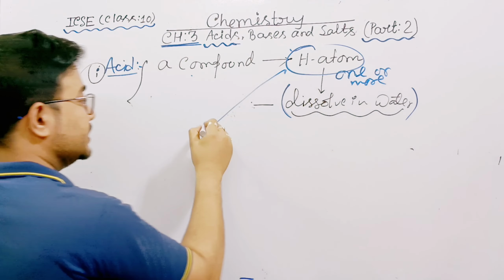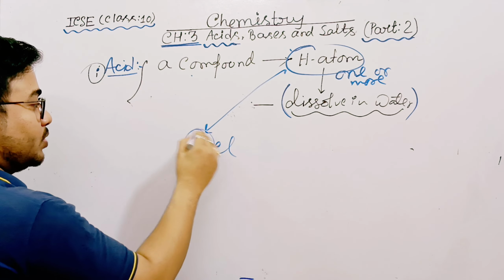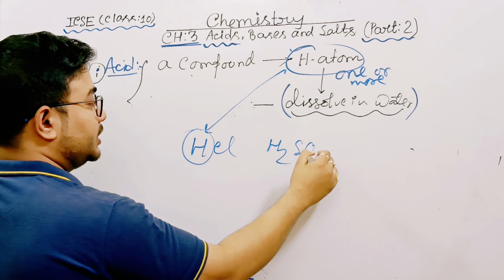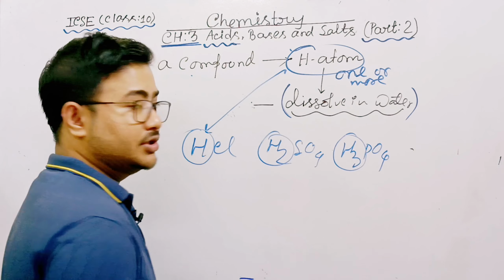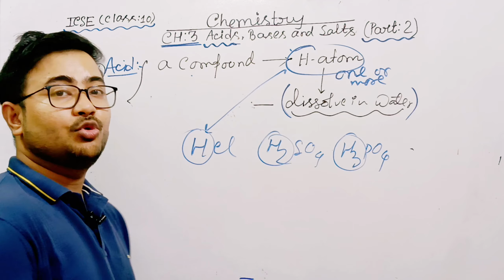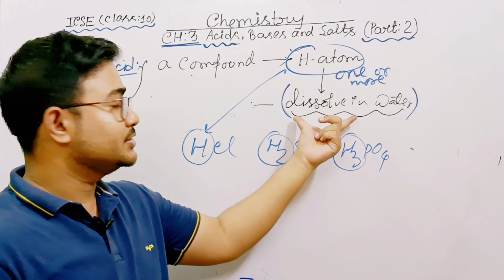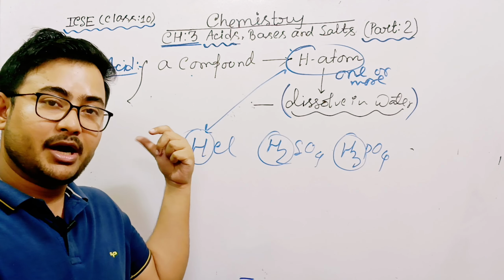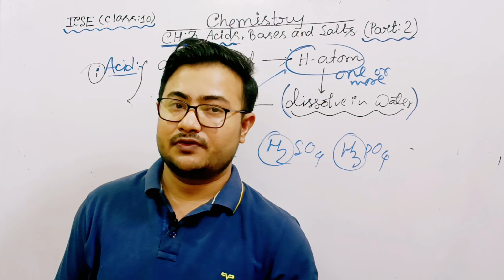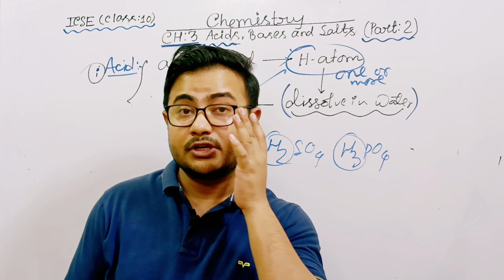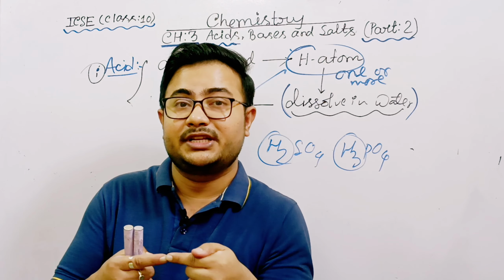One or more means, see, HCl, how many H? 1. H2SO4, how many? 2. H3PO4, how many? 3. Do you understand? So one or more hydrogen atoms that when dissolved in water produce hydronium ion, the only positive charge present in the solvent.